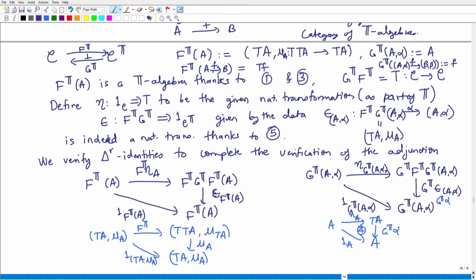That's why we get this G^T α is actually just α. And the vertical one was correct in this first diagram. We just have to look at F^T of η_A, that is, Tη_A.